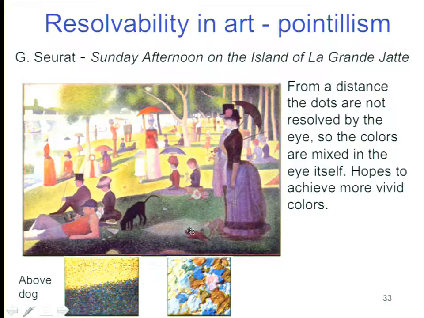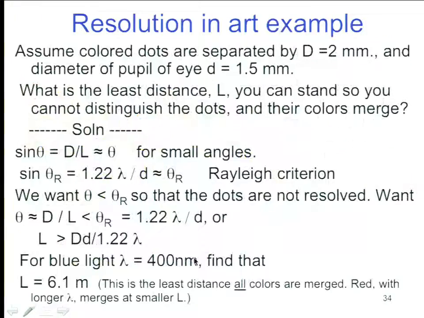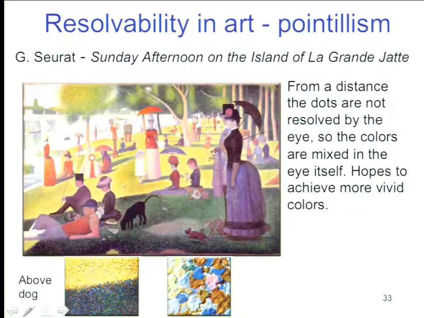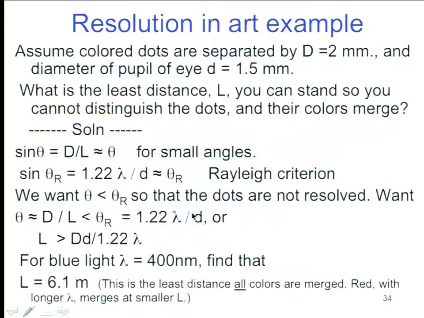And the idea is that if you go up close, you see the dots. But if you stand far enough away, it looks like smooth paint. You know, it's a theory. I think there was one other fellow who followed him in this pointillist style. This is the years of the Impressionists, about 1900, 1910. And so we can do the physics of that, as you were afraid they might.